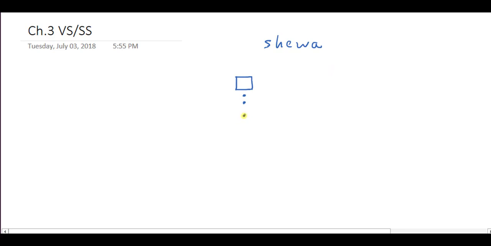And this sheva symbol can actually be of two different varieties. It could be a silent sheva, which I will abbreviate with SS for silent sheva, or it could be a vocal sheva. VS stands for vocal sheva.